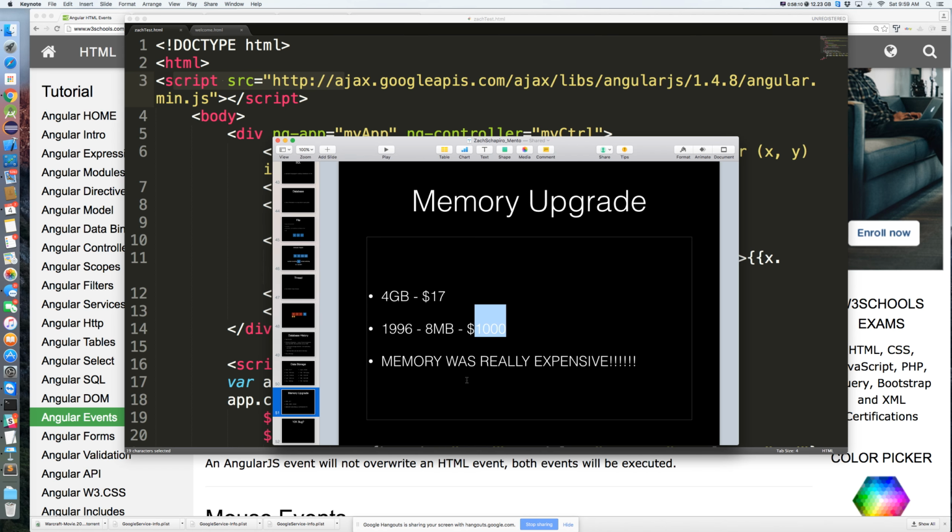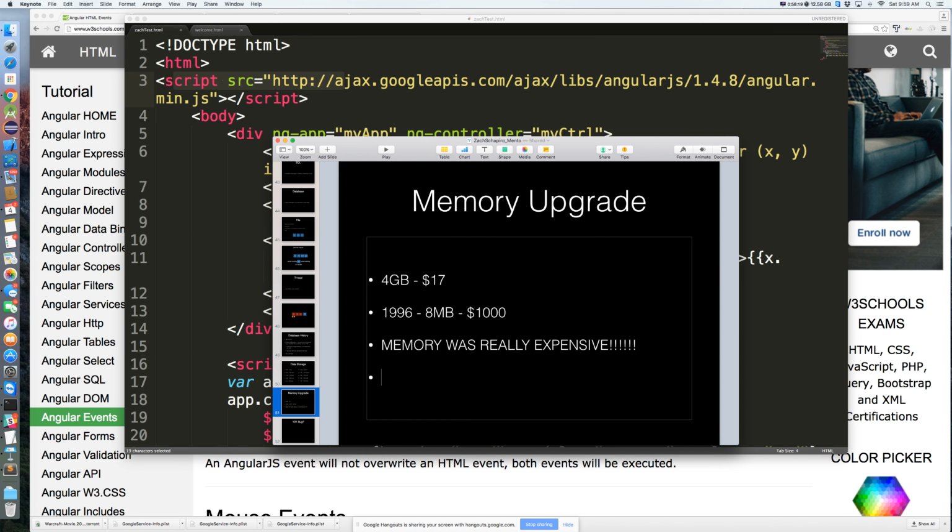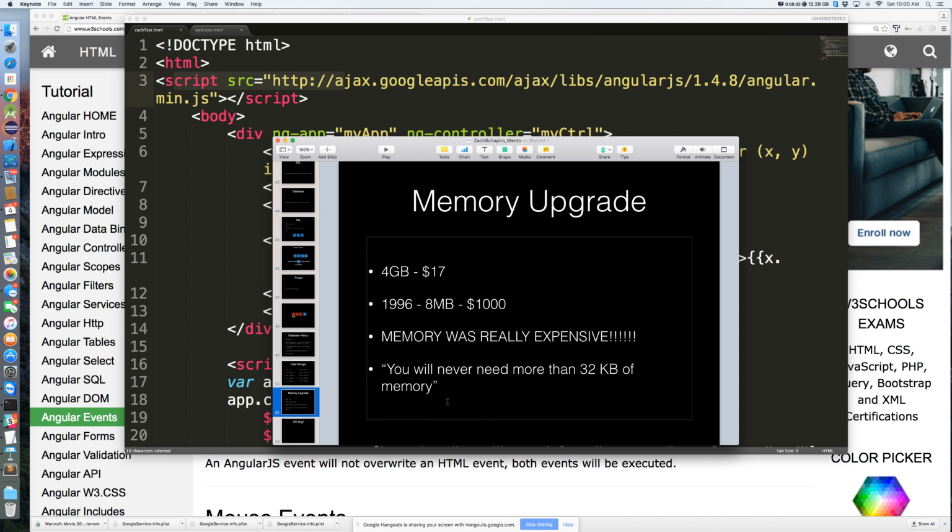Even in 1996, memory was expensive. We didn't have to be as careful here because we did have 8 megabytes of memory. But a very famous person once said, you will never need more than 32 kilobytes of memory. That's at least pretty close to a quote.